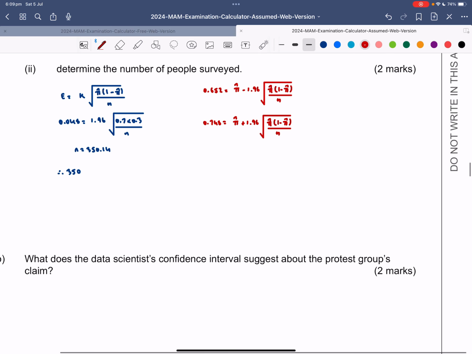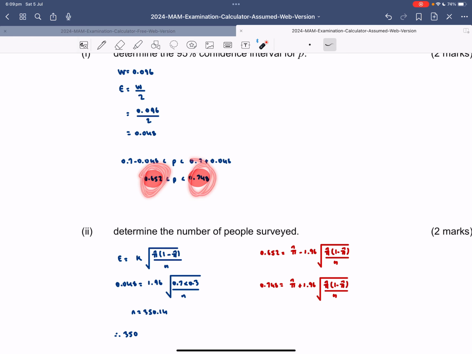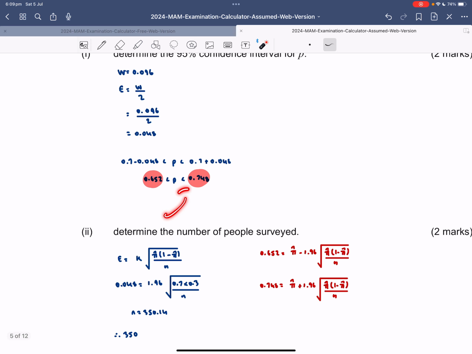Alrighty, what does the data scientist's confidence interval suggest about the protest group? Now, the data scientist says a sample proportion between 0.65 and 0.75. Well, 74% is 0.74, which is within that confidence interval.